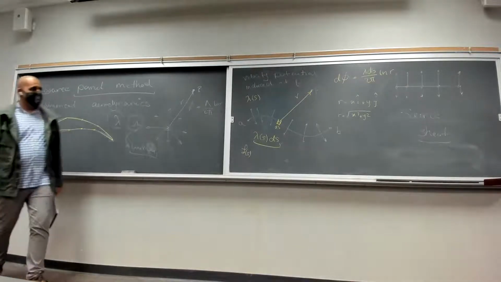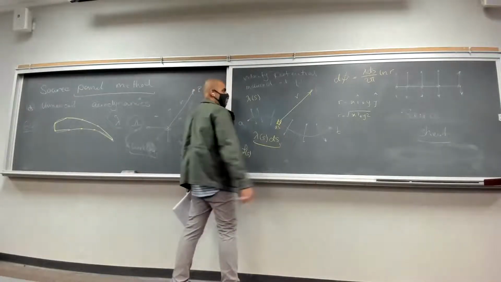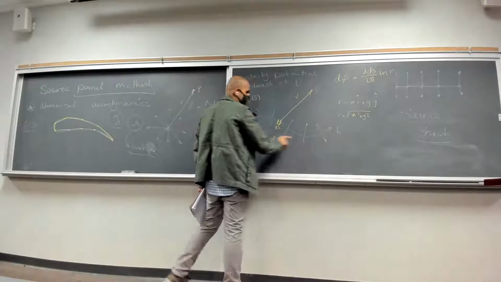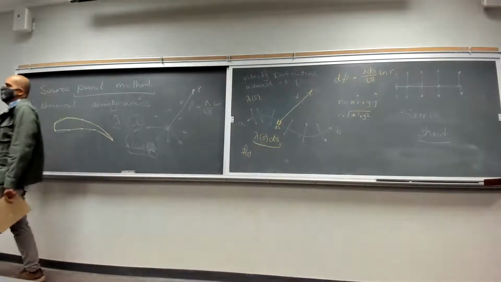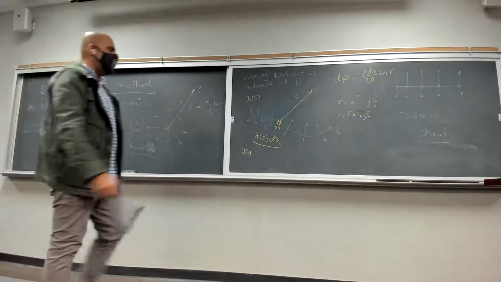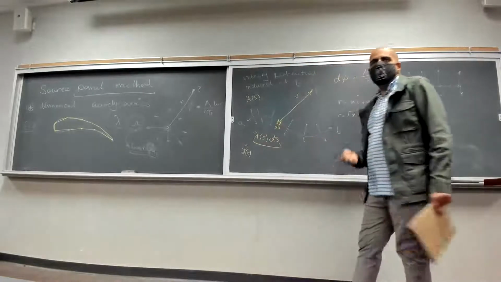Okay. So what would be the velocity potential at this point P induced by all of these source sheets? What should we do to find that? Exactly. We just take the integral of d of phi from A to B, right? That's it.